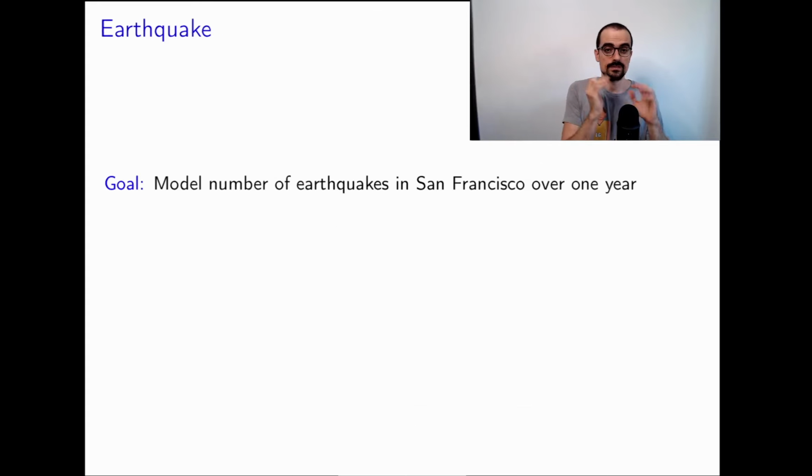Okay, so we've derived the binomial distribution, the geometric distribution. We are going to derive one more that is really important and shows up everywhere. And that's the Poisson distribution. Okay. The goal here, the example that we're going to use to derive the Poisson distribution is you want to model the number of earthquakes that happen in San Francisco over 1 year.